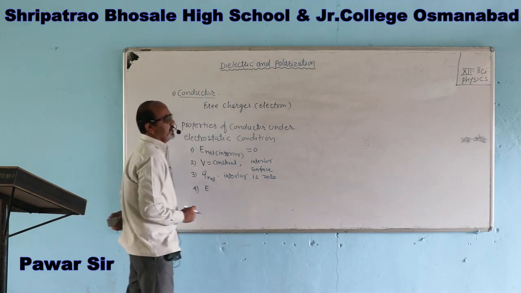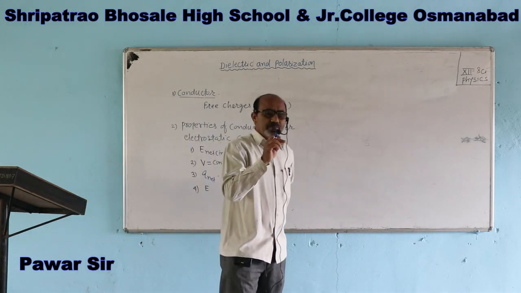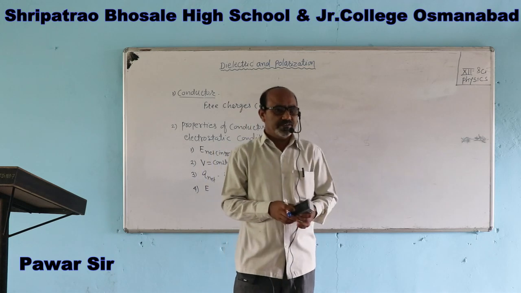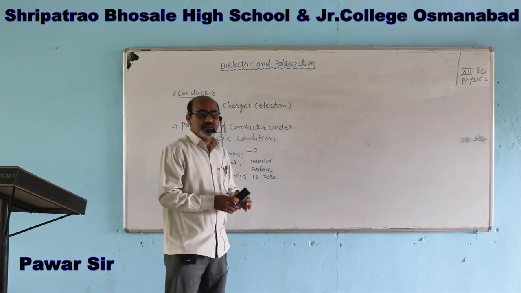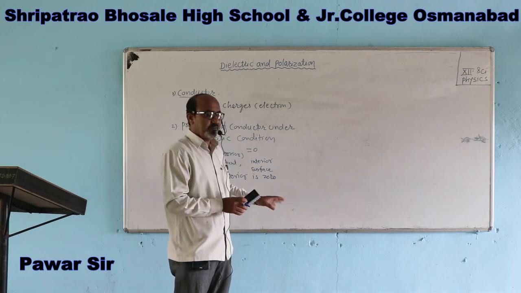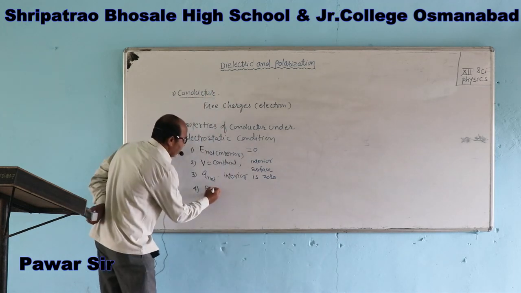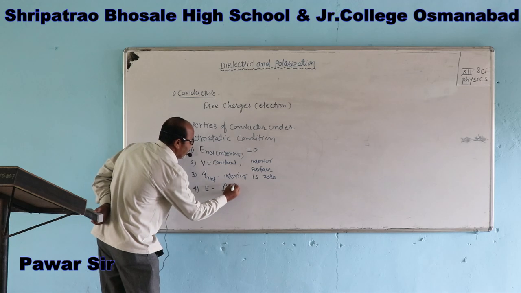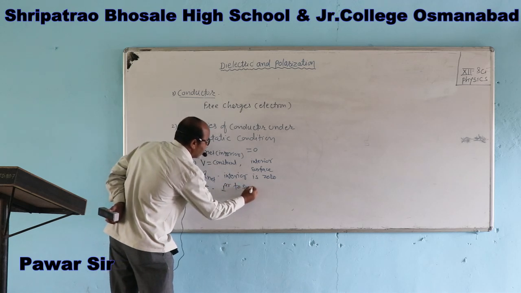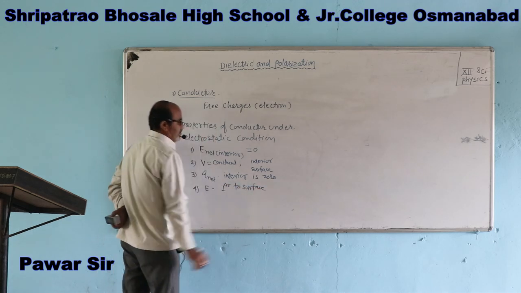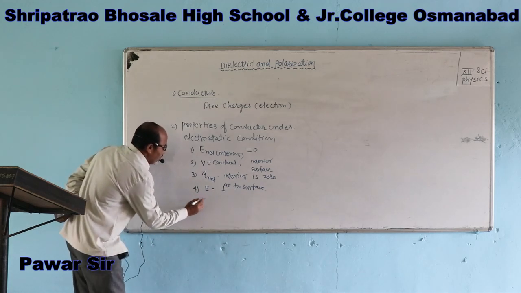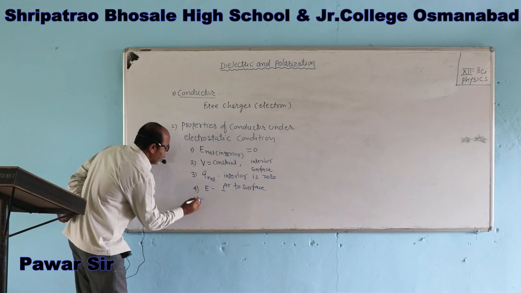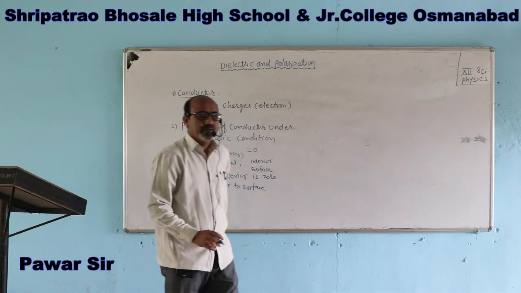Electric field intensity. If you take a point near the surface of a charged conductor, the electric field intensity is always perpendicular to the surface of the charged conductor. Means E is always perpendicular to the surface. And last, what about charges on the surface?